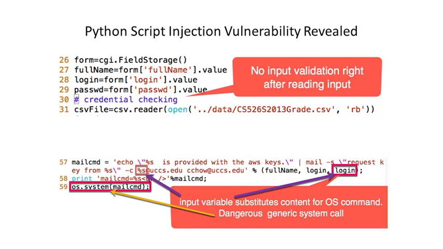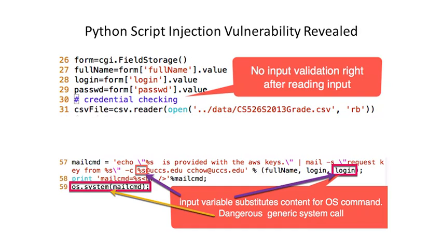Line 59 shows the os.system function. This is the way a Python script allows you to execute an OS command. It is too generic. According to our secure design pattern, any generic function code should be substituted with a more specific function code that meets the purpose.